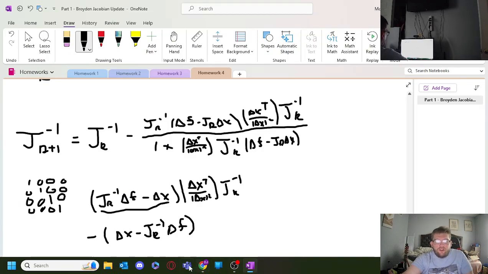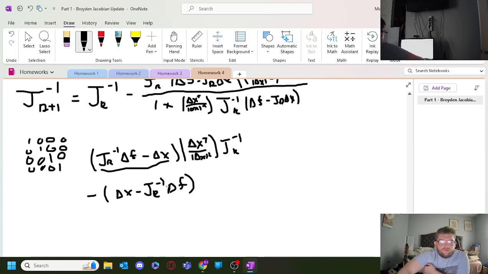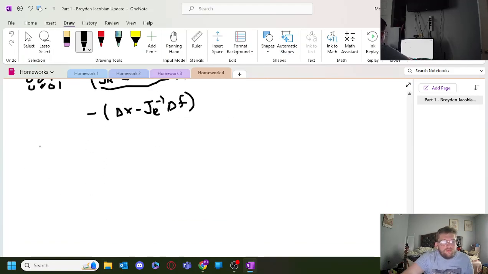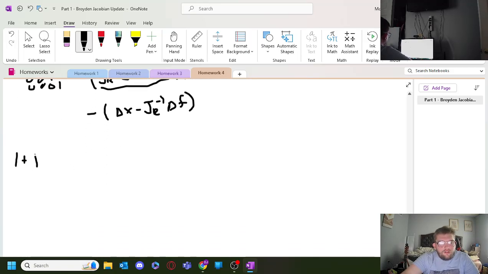Now we got to mess with the bottom such that it looks like this. So we can just rewrite the denominator down here: 1 plus our u vector.